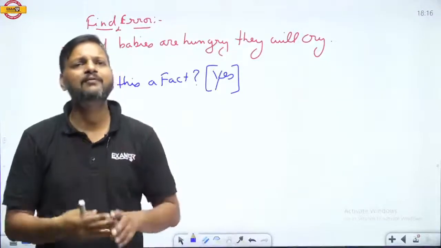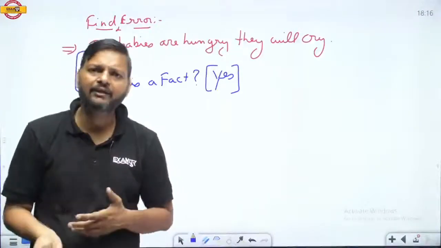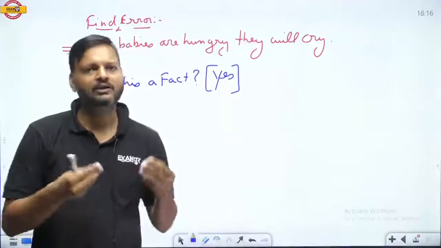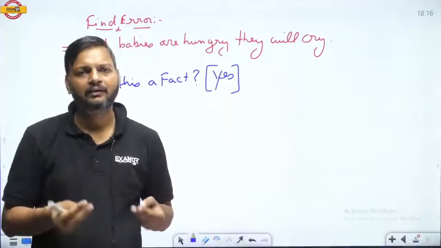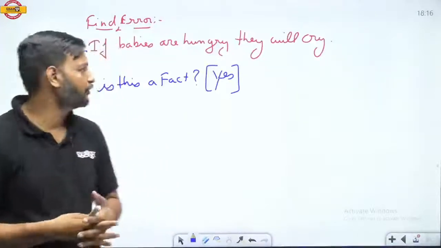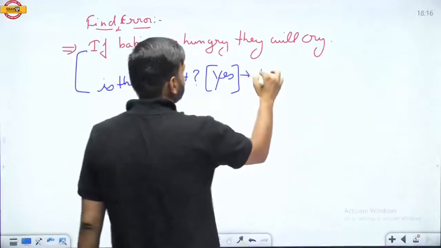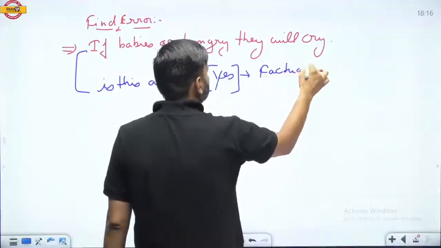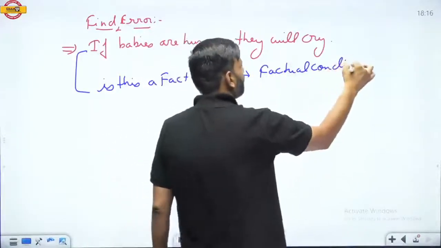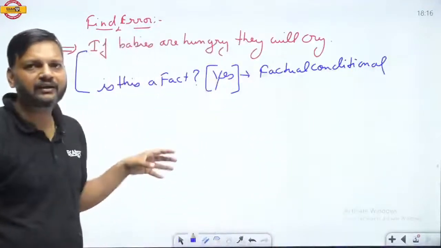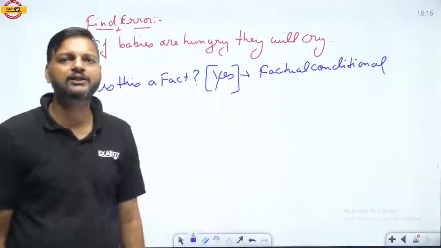Have you ever seen a baby which is hungry and is still not crying? No. If a baby is hungry, he must cry. So this is a fact. And if this is a fact, it should be a factual conditional.